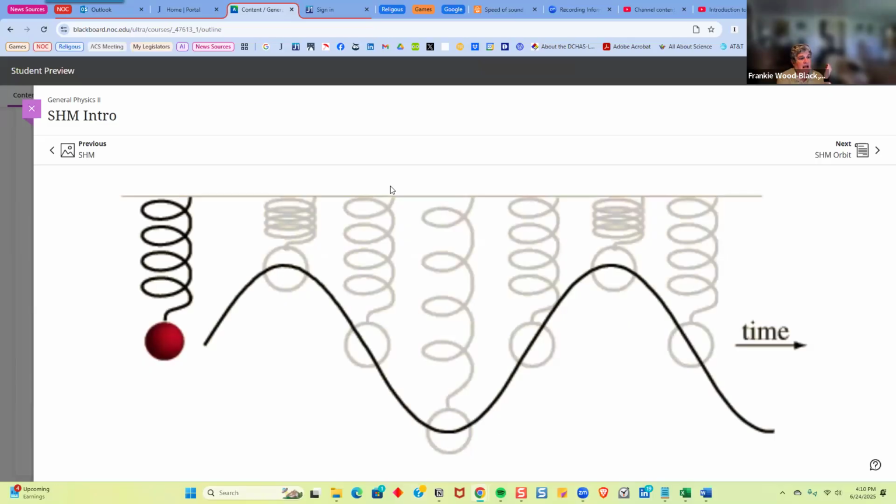And you can see if I put that bob on a spring. And that spring, if we distort that spring or have that spring hang down, in fact, I can kind of demonstrate it.